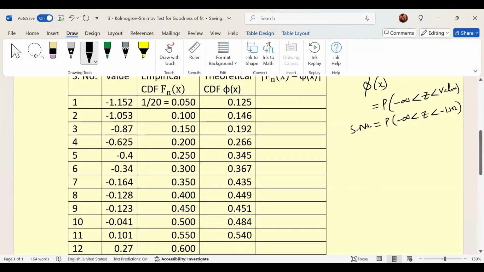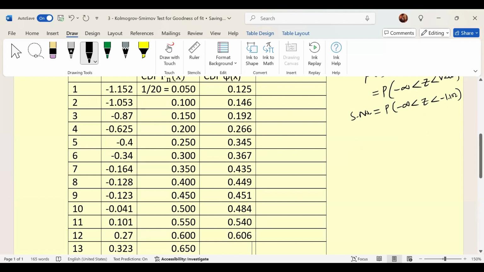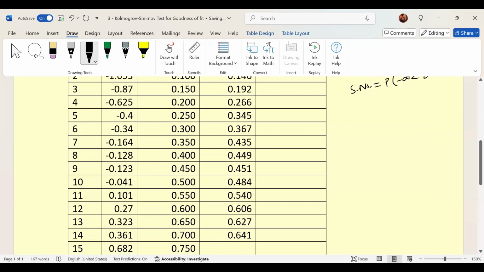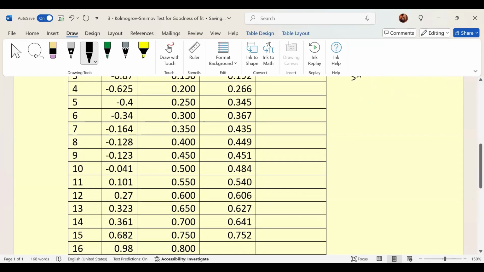Next, for 0.27, it will be 0.606. Then for serial number 13, 0.323, it will be 0.627. For 0.361, it is 0.641. Then for 0.682, it will be 0.752. Then for 0.98, it will be 0.836.